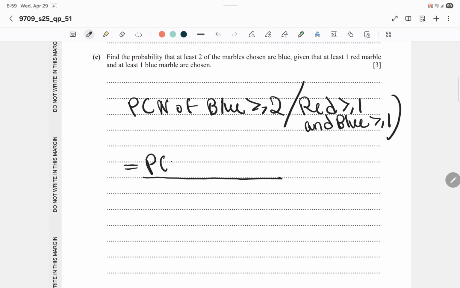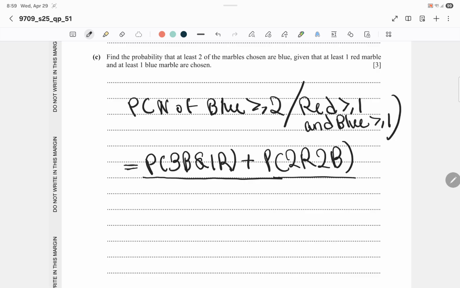It can be either 3 blue and 1 red, or it can be 2 red and 2 blue. These are the only 2 possibilities for the intersection between these two.